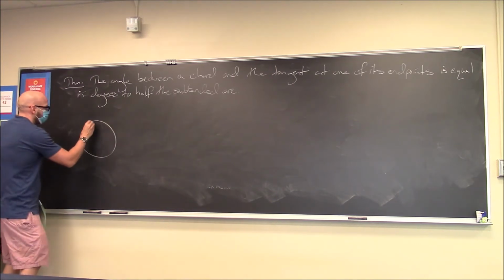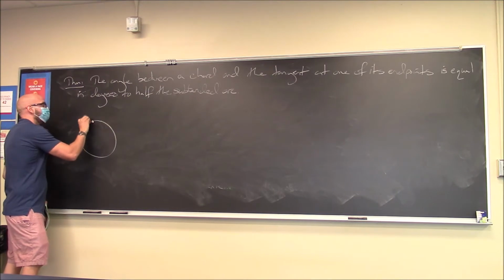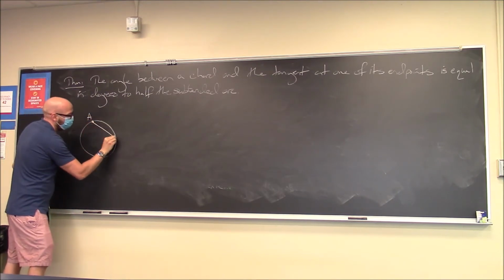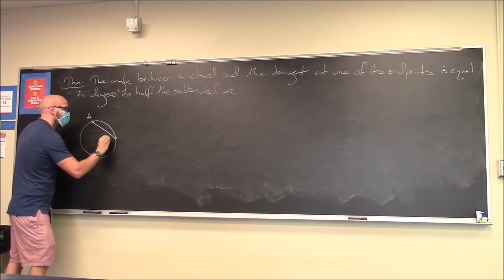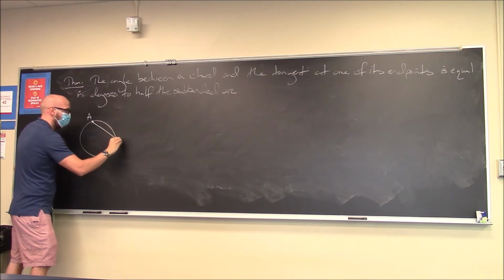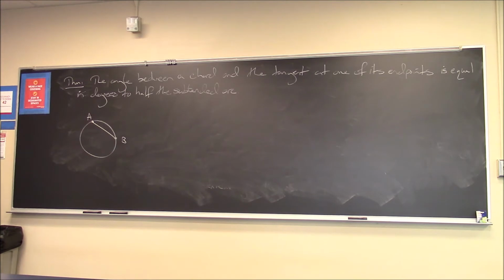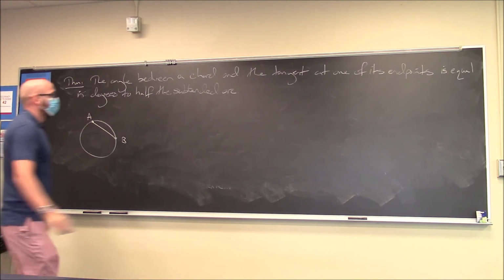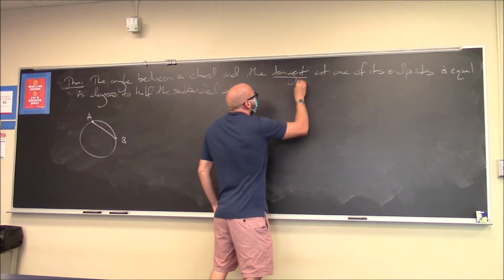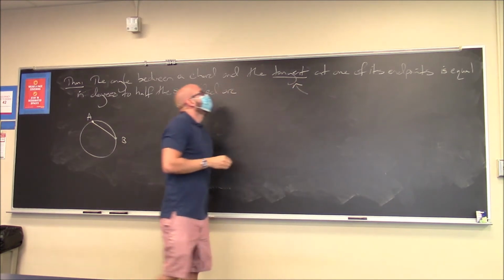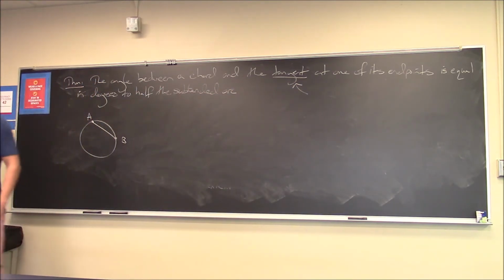So here I'm just going to draw a chord, AB. Here's my chord AB. And I'm going to put in a tangent. Again, I haven't really defined tangent, but we'll do that now. What's a tangent to a circle? Give me a definition. A line that touches a circle at only one point. At one point, right?